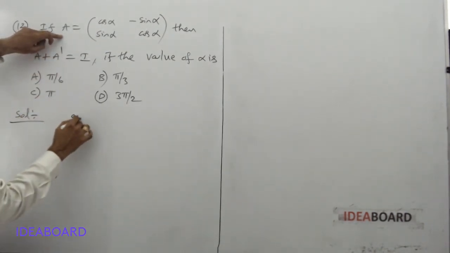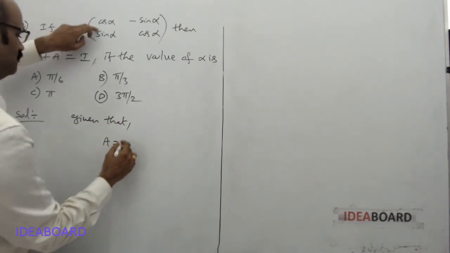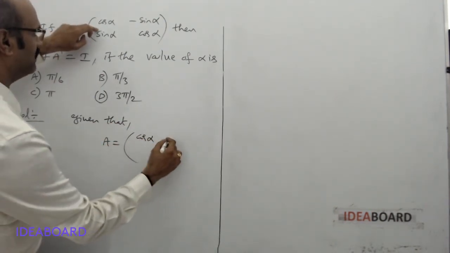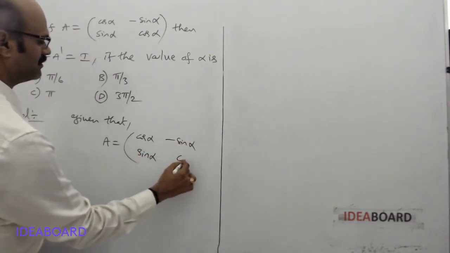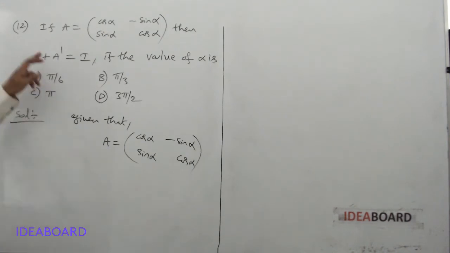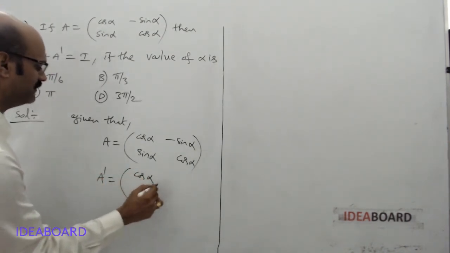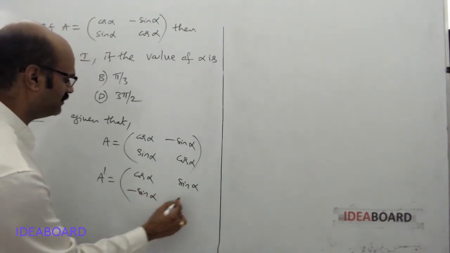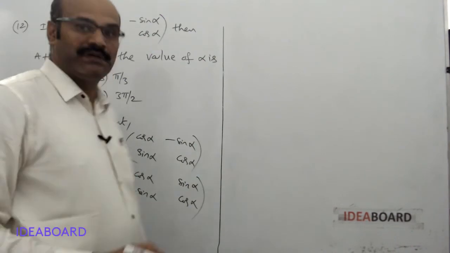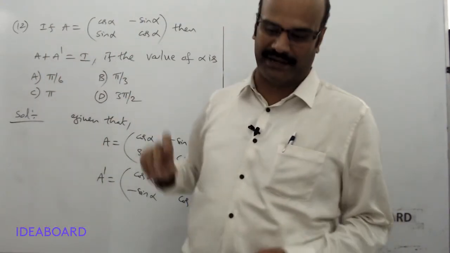Given that A equal to cos alpha, minus sin alpha, sin alpha, cos alpha. Now A transpose equal to cos alpha, sin alpha, minus sin alpha, cos alpha. It's given that A plus A transpose equal to identity matrix.